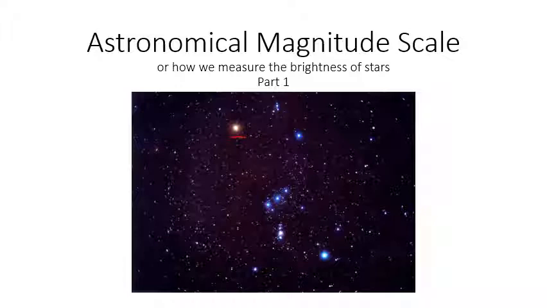So the brighter a star is, the greater the width of this 0th order diffraction fringe and the wider the star looks. So in the 18th and 19th century, astronomers would use the width of the stars as an indication of how bright they were, and they actually based the magnitude scale on that.